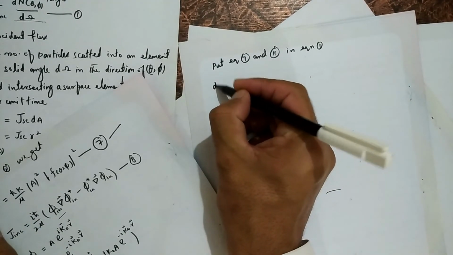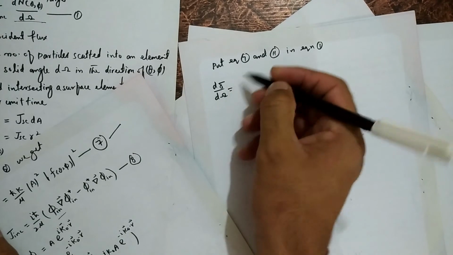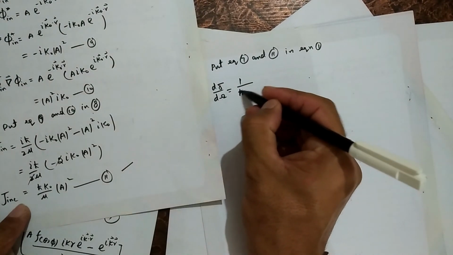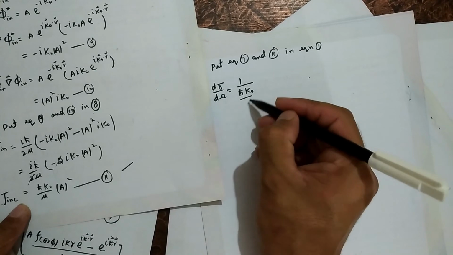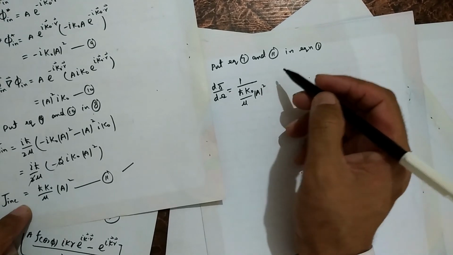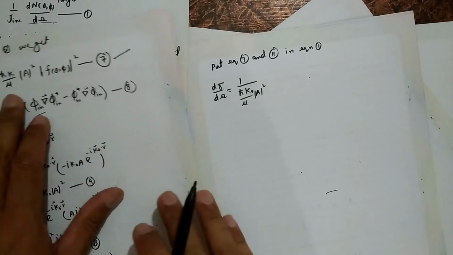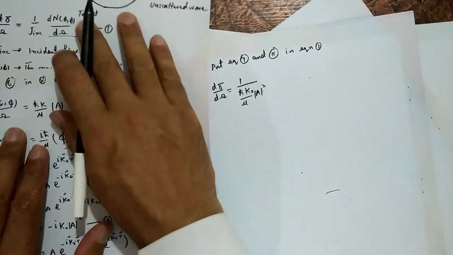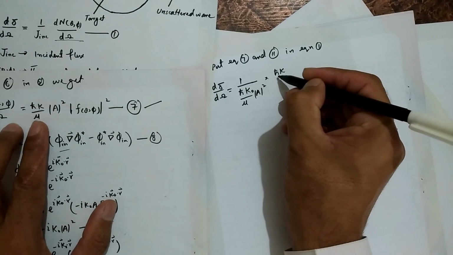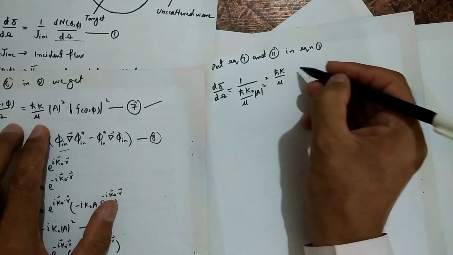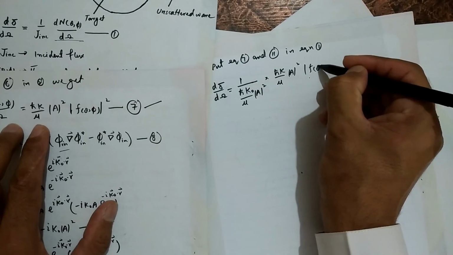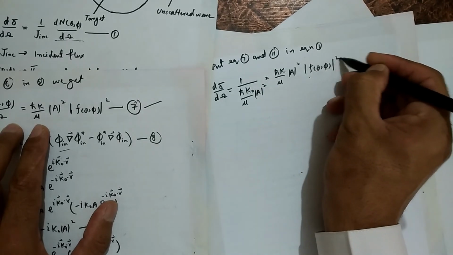Which is d sigma over d omega, which is equal to 1 upon J incident, which is equation number 11, h cut k naught over mu times mod a square, into dn over d omega, which is h cut k divided by mu times mod a square into mod f of theta phi square.